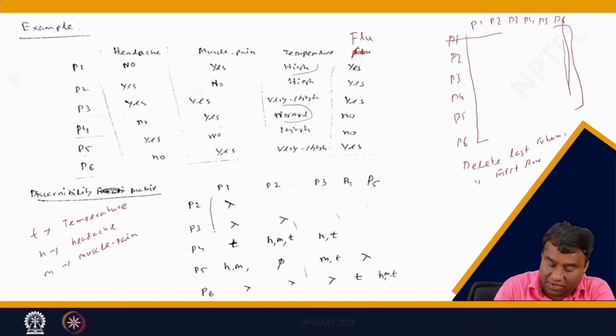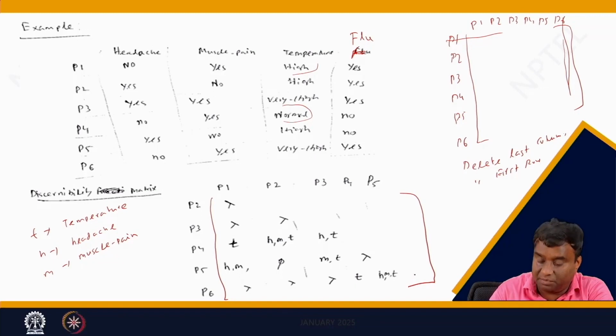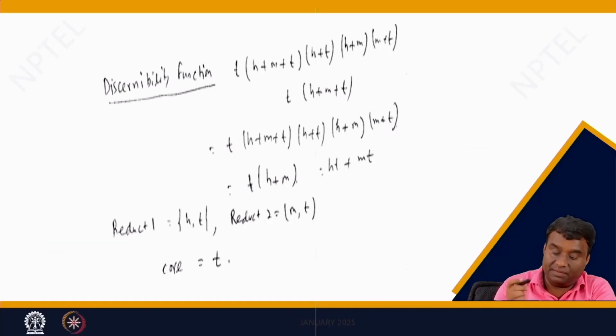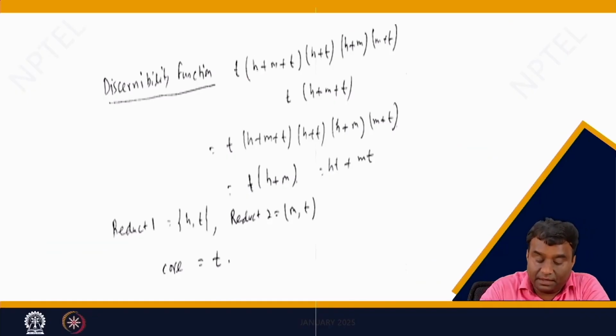So that is basically the discernibility matrix. Now the discernibility function is T into H plus M plus T into H plus T into H plus M into M plus T into H plus M T. So we need to do some Boolean algebra.